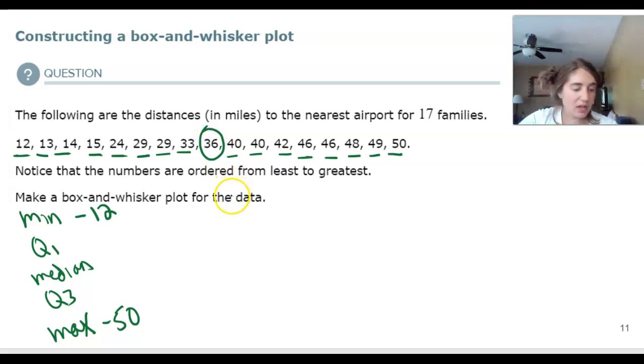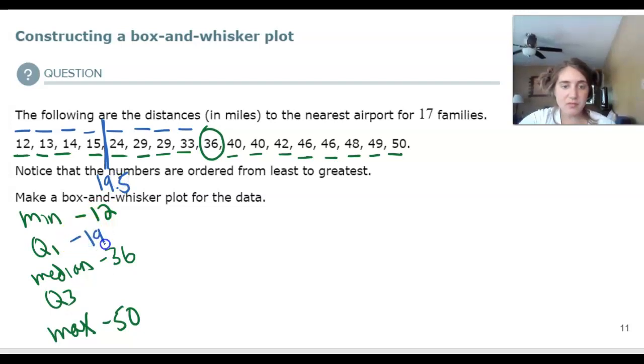I found the middle at 36. Let's use blue. That's going to be 19.5. I did 15 plus 24 divided by 2. And this is just going to be 46, which makes our life a little easier.